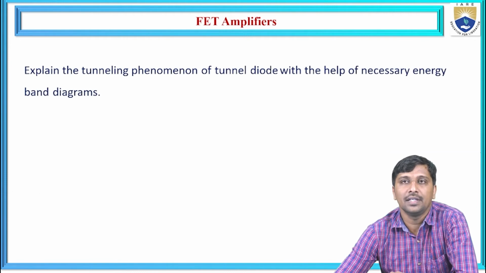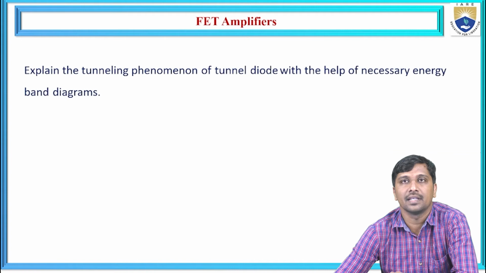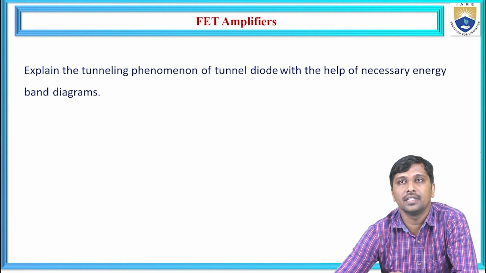The tunnel diode is made of heavily doped materials compared with a normal semiconductor diode of P-type and N-type material. So the Fermi levels or energy levels will be different. Hence, you should draw the energy band diagram, showing the position of the valence band, the conduction band, and the Fermi level.